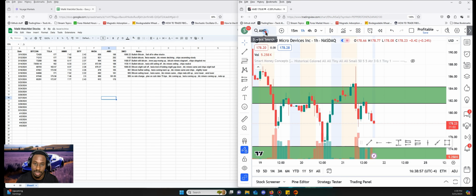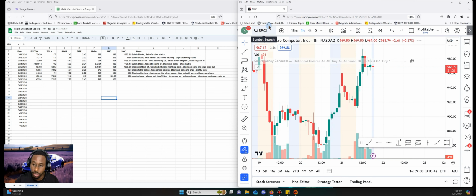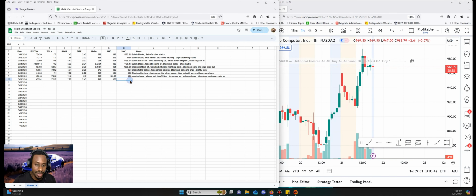The AMD is still going lower. SMCI. SMCI is moving gnarly. I think people are positioning to try and play this as the market starts to come back up a bit. They want to have a position so that when the market comes up, or if it comes up, and they know SMCI is gonna come up, they're gonna be in it.